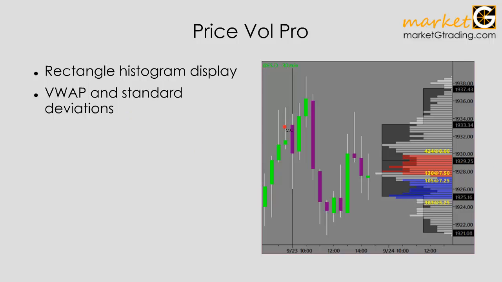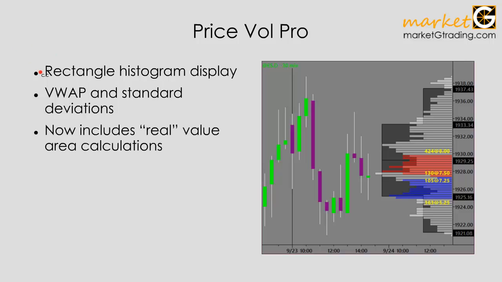The one in the middle here is the volume weighted average price, and you have 1 and 2 standard deviations on both sides of that. Since I did the slideshow, it now includes real value area calculations as well. The red and the blue areas you see right here are market depth, and you can show as many levels of market depth as you choose.